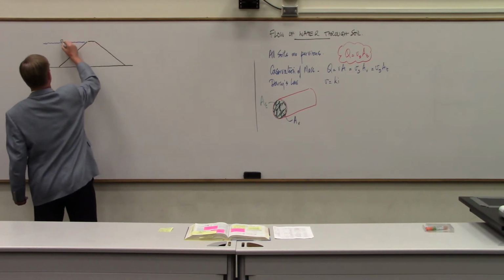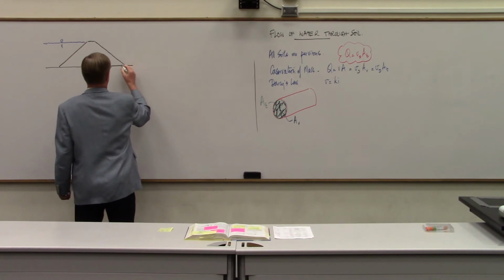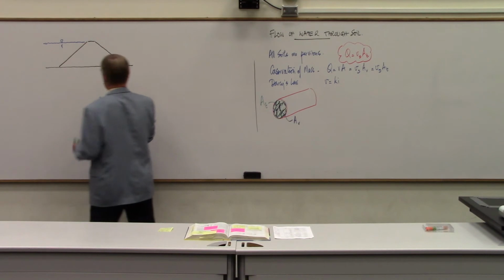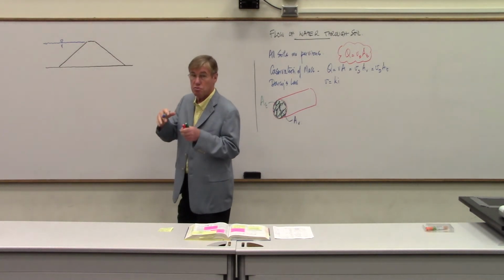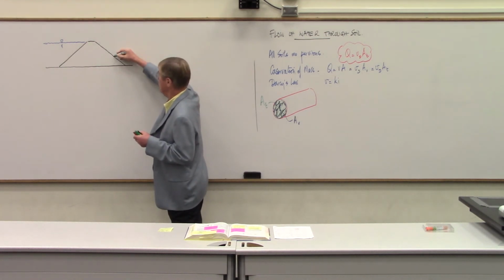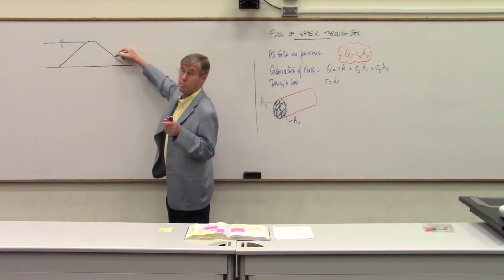and then typically we'll have a filter in the downstream so we can keep the water from seeping through the inside of the dam. The problem is that if you have an exit of the water on the downstream face, that's the beginning of the end.